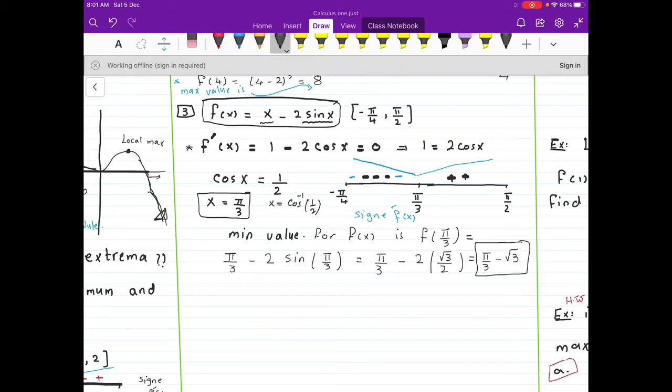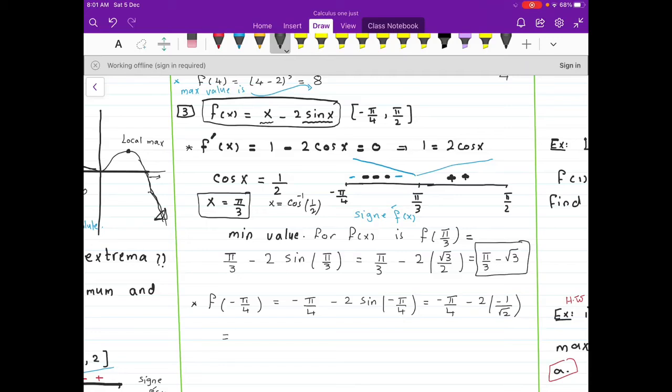Now the maximum value: f of minus pi over 4 and f of pi over 2, and the largest one will be the absolute maximum. Now find f of minus pi over 4. We substitute: minus pi over 4 minus 2 sine of minus pi over 4, which is equivalent to minus pi over 4 minus 2 sine of minus pi over 4 minus 1 over the square root of 2.